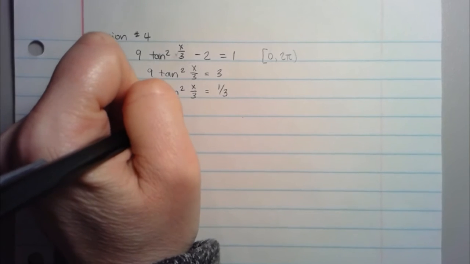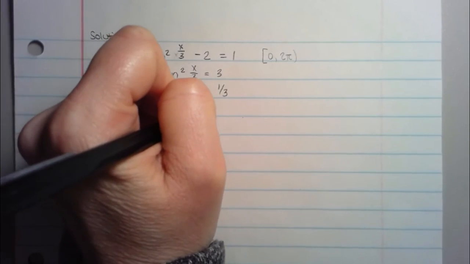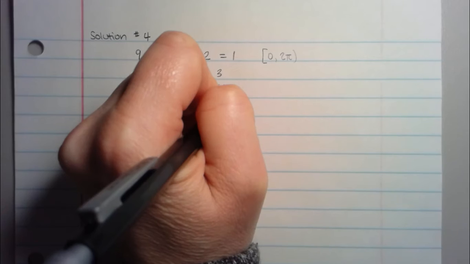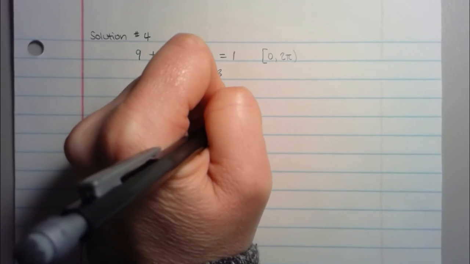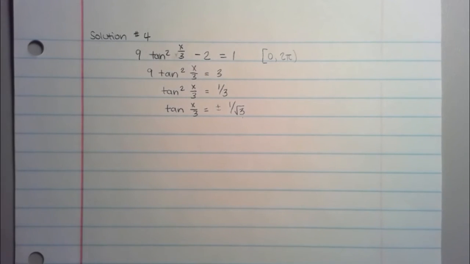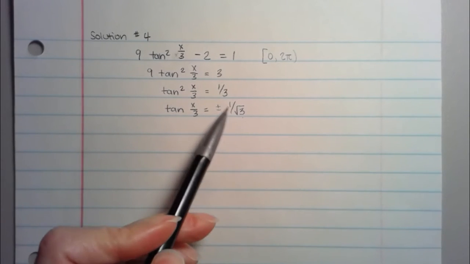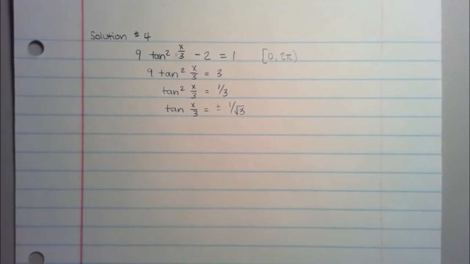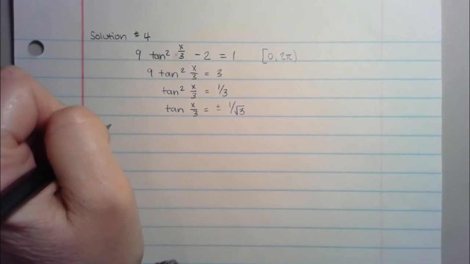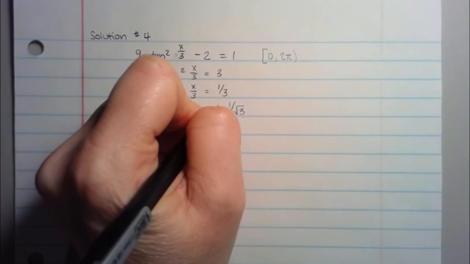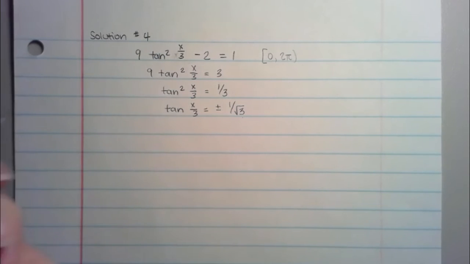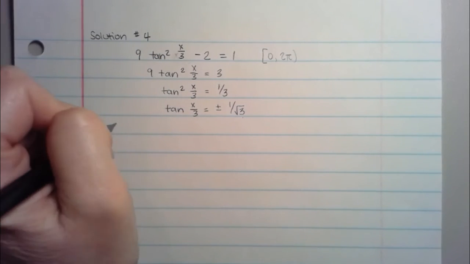So the tan of x over 3 would be plus or minus 1 over root 3, which you could rationalize to root 3 over 3, but you don't have to because this isn't your final answer, so it doesn't need to be simplified. So the plus and minus is really important because if you don't include that, then you'll only have half of the answers instead of all of them.